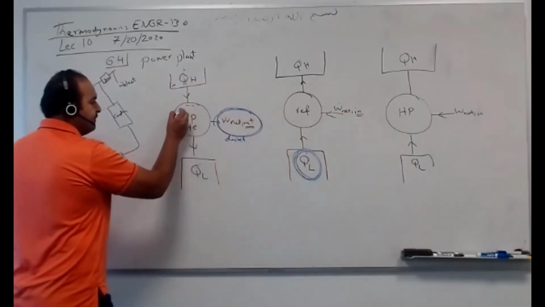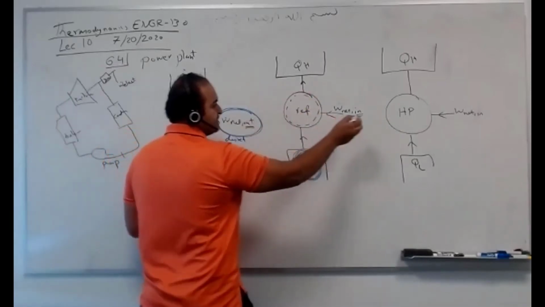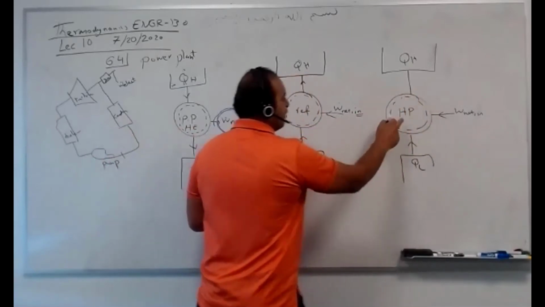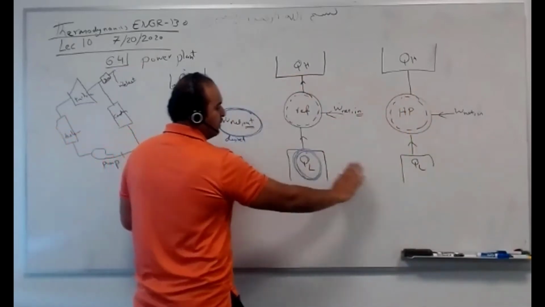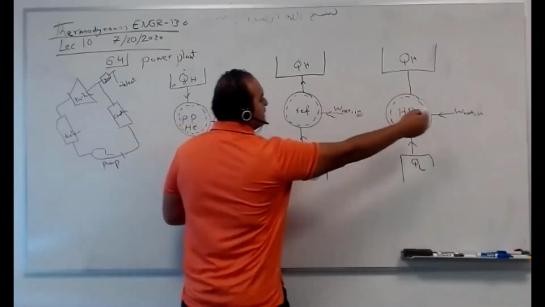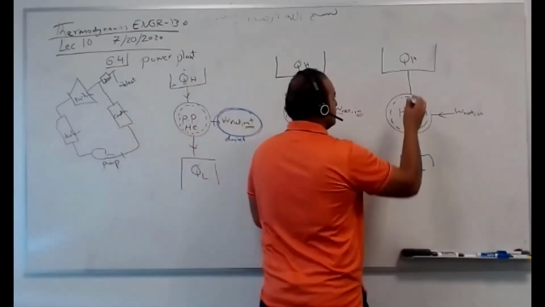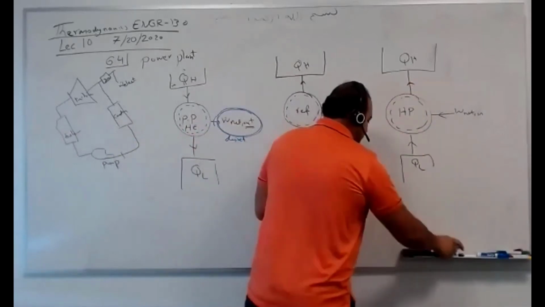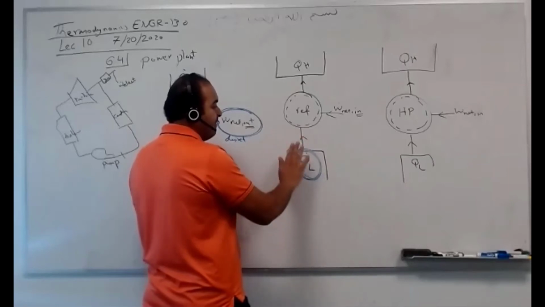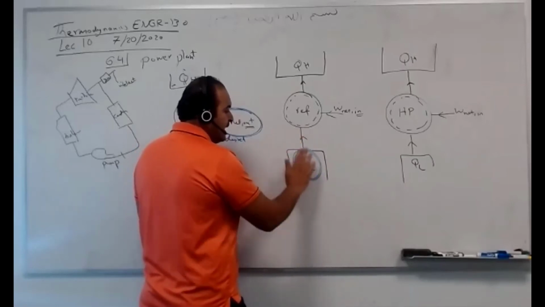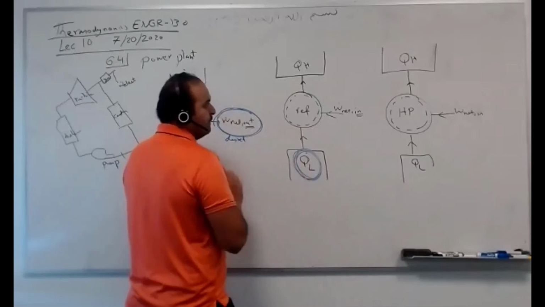This is a system. This is a system. This is a system. The heat pump looks exactly like the refrigerator: Q low, W dot in, and Q high out. But in a refrigerator, like a fridge, the desired output is that we want everything inside to be cooled down, so we want Q low.